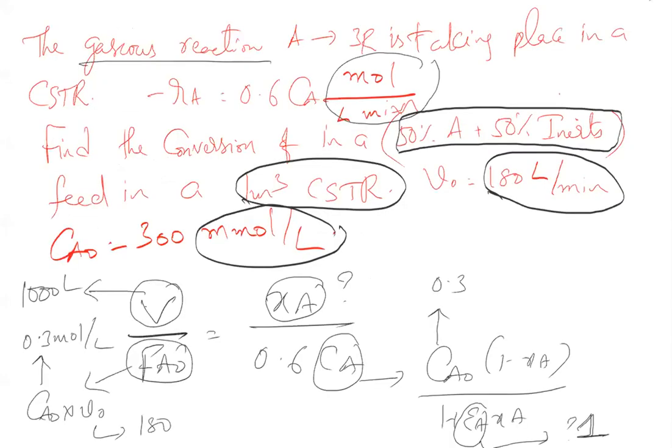Now substitute EA equal to 1 here. So all the values are known, only the unknown is XA. You need to calculate XA here.